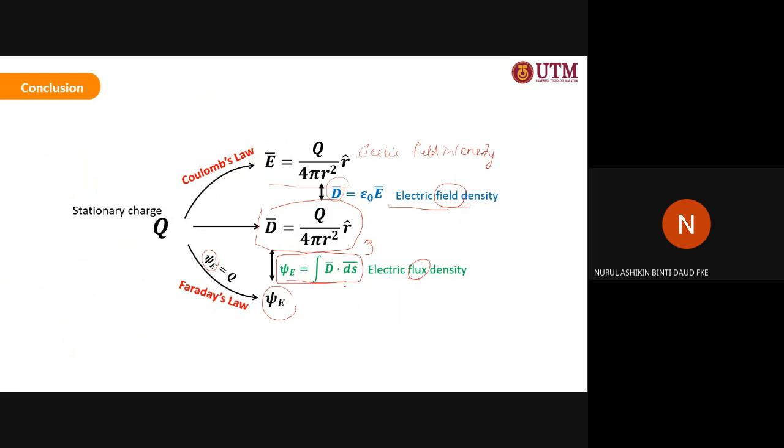And this is electric flux. So the difference is only the terms, but it will produce the same formula. If you solve from Coulomb's law, it will be electric field density, and if you solve from this Faraday's law, it will be electric flux density.